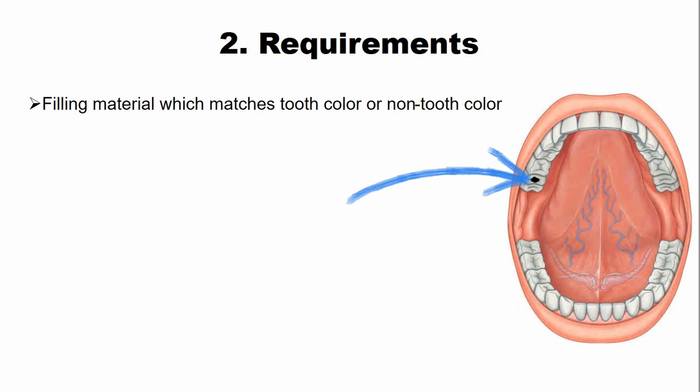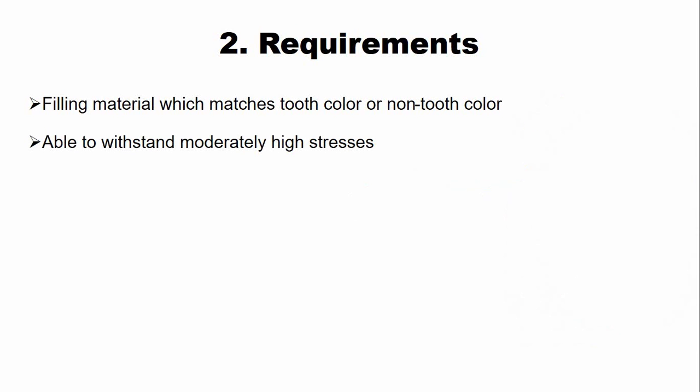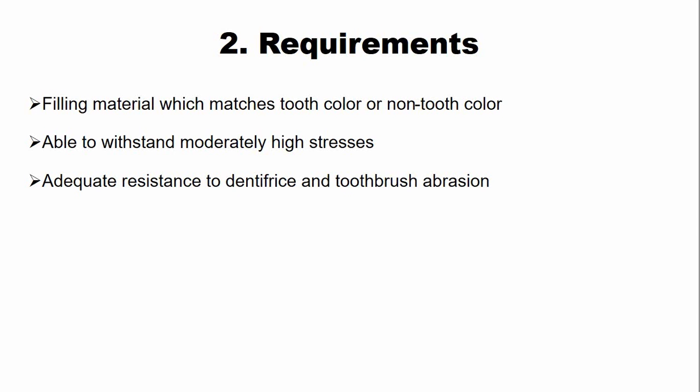In our case, it is the maxillary second molar, and a non-tooth color material may be fine in this area, but definitely you have to consider the needs and requirements of the patient as well. The material should be able to withstand moderate or high stresses. The material should also be able to resist toothpaste and toothbrush abrasion.